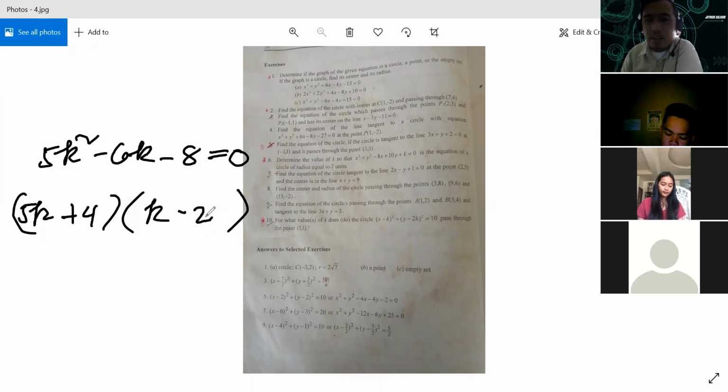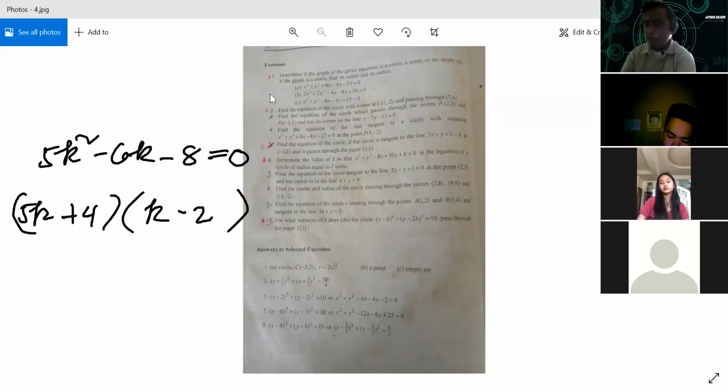Very good. Thank you, Najib. Let us check whether the answer is correct. If you combine these two, that is 4k. If you combine these two, that is negative 10k. Adding these gives negative 6. You multiply these, negative 8. That's correct. Very good, Najib.